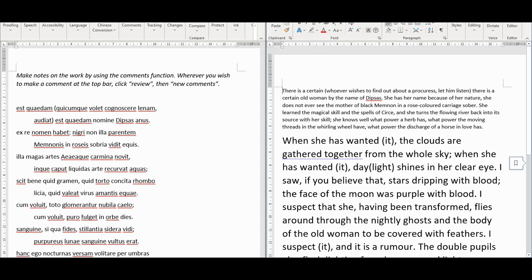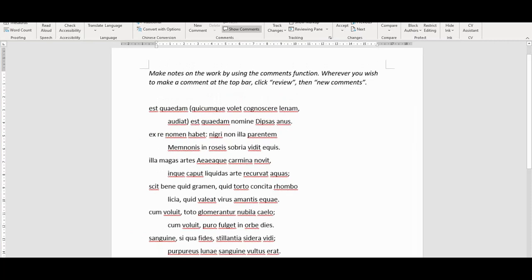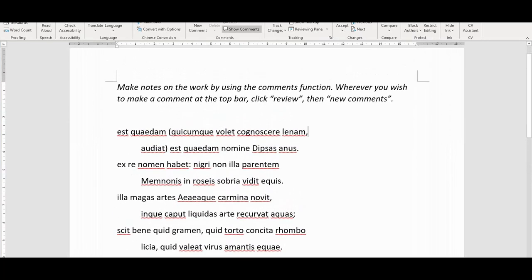Okay, now I'm just going to put this full screen so you can see a little bit clearer, and we're going to go down the lines and look for the points line by line. I wanted to do this rather than doing it technique by technique, so that you can see the story as a story from start to finish, and you can see how all these stylistic points work with the story.